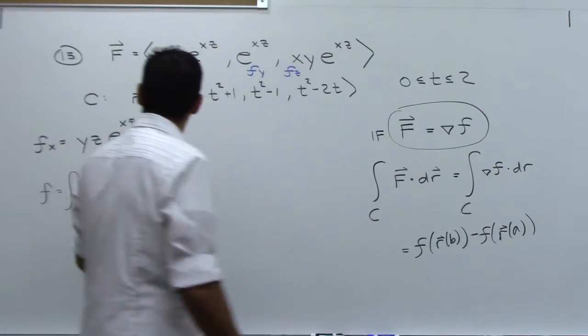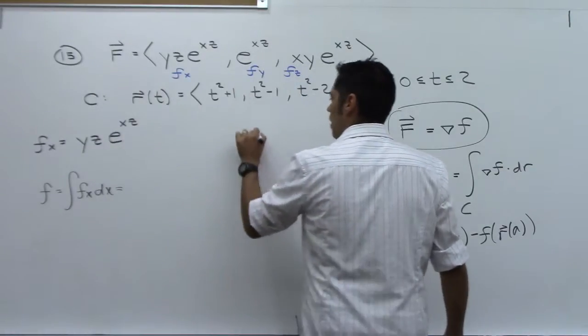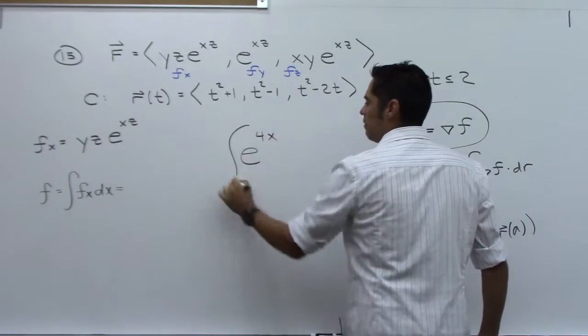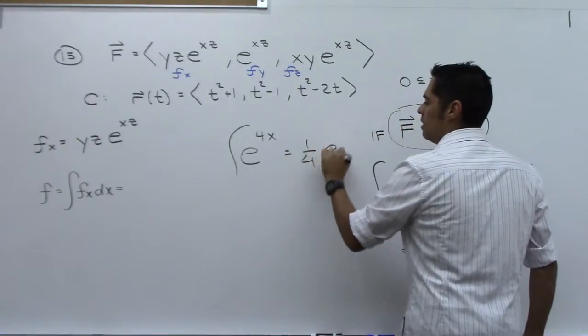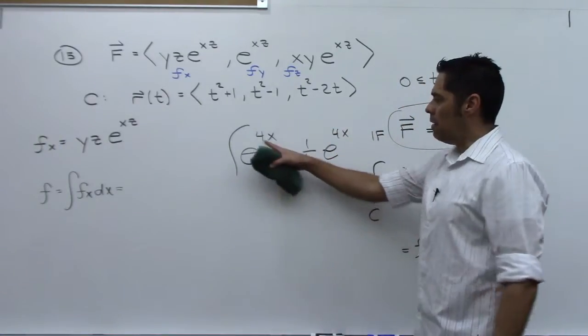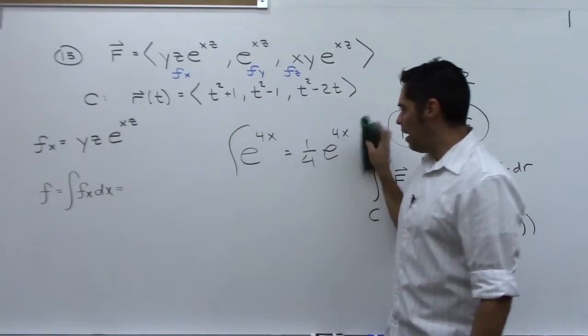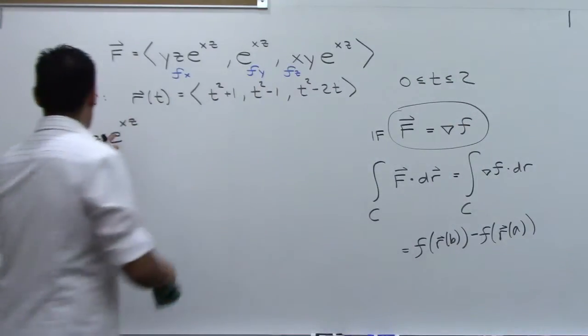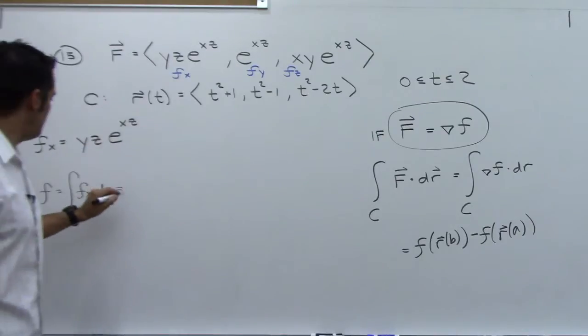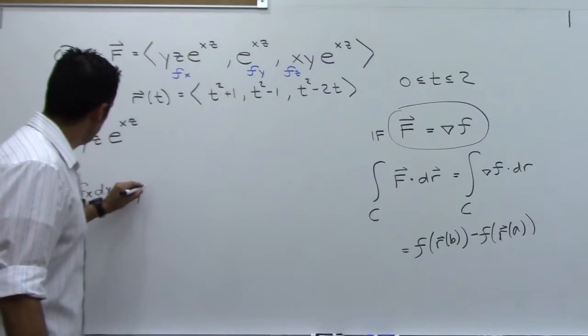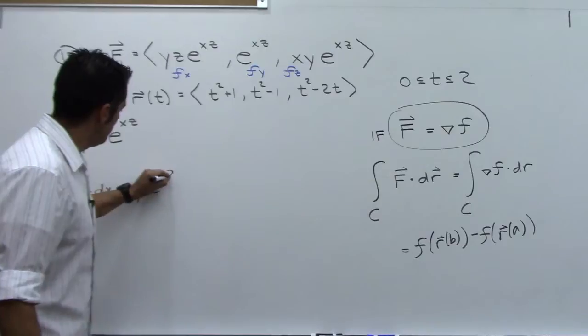So if you're trying to integrate e to the 4x, the antiderivative is 1/4 e to the 4x. So that 4 is like the z, and we have to scale out by it. That's actually a good thing because it's going to come out here and kill that z off. So we get y e to the xz.